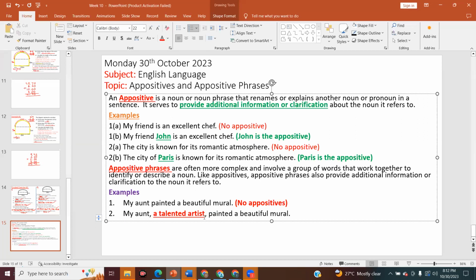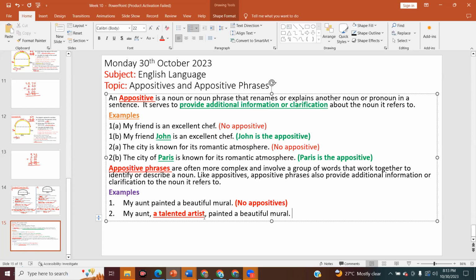You can separate them: you have restrictive appositive phrases and non-restrictive appositive phrases. Basically, what that means is that one of them has commas and one of them you can get away without commas.